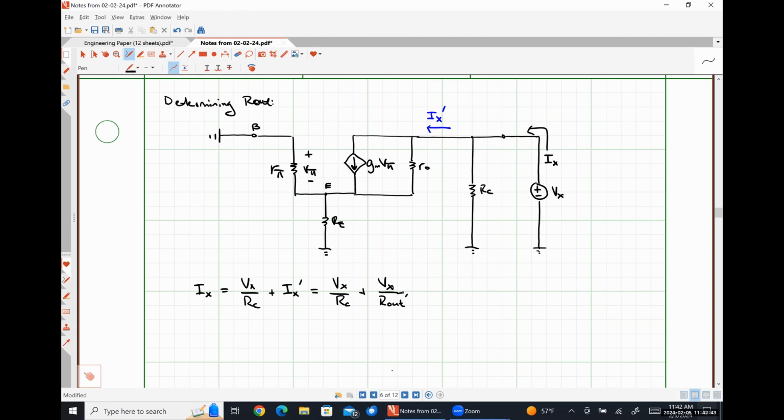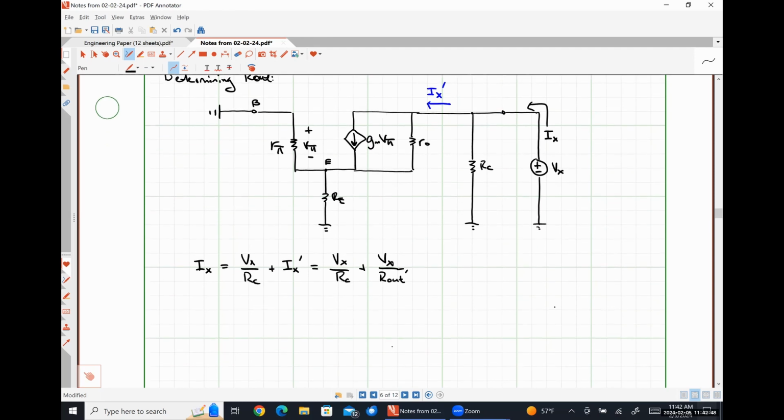So we also have the relationship that V pi is equal to negative Ix prime times R pi in parallel with Re.